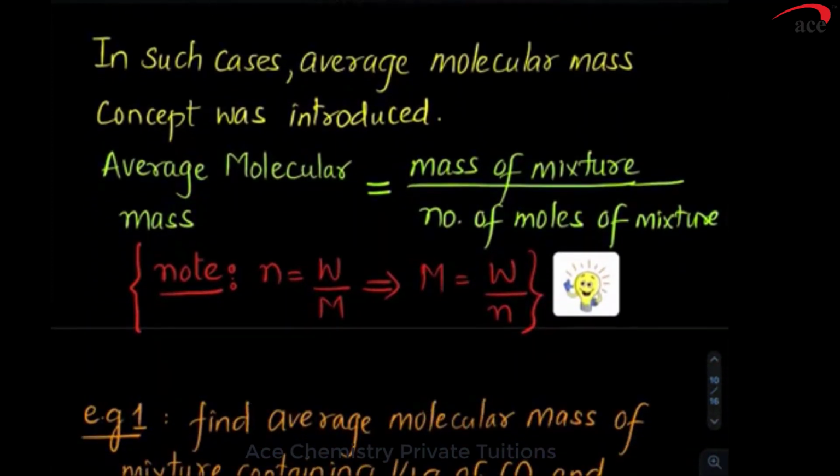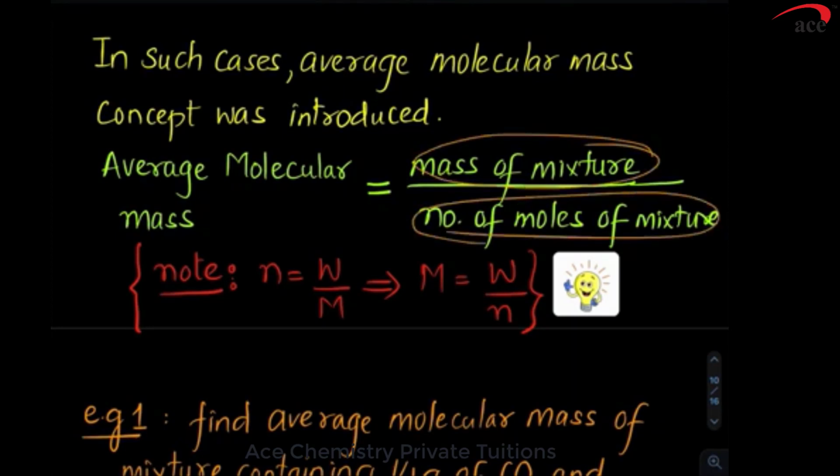So, in such cases, the average molecular mass concept was introduced. Whenever there is a difficulty in science, those difficulties are solved on a scientific basis. Average molecular mass, as per science, is given by the formula: mass of the mixture divided by total moles of the mixture.